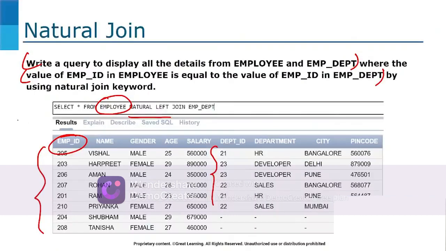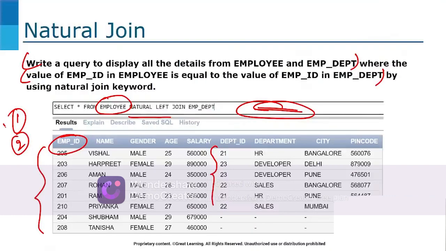So we have understood one thing from here, that duplication of the common column will not happen. The second thing which we have understood, if you have noticed, guys, is that we are not writing the condition employee.empid equal to employeedepartment.empid, nothing. We are not writing the condition itself. This is the use of natural join. This is the benefit of using natural join.